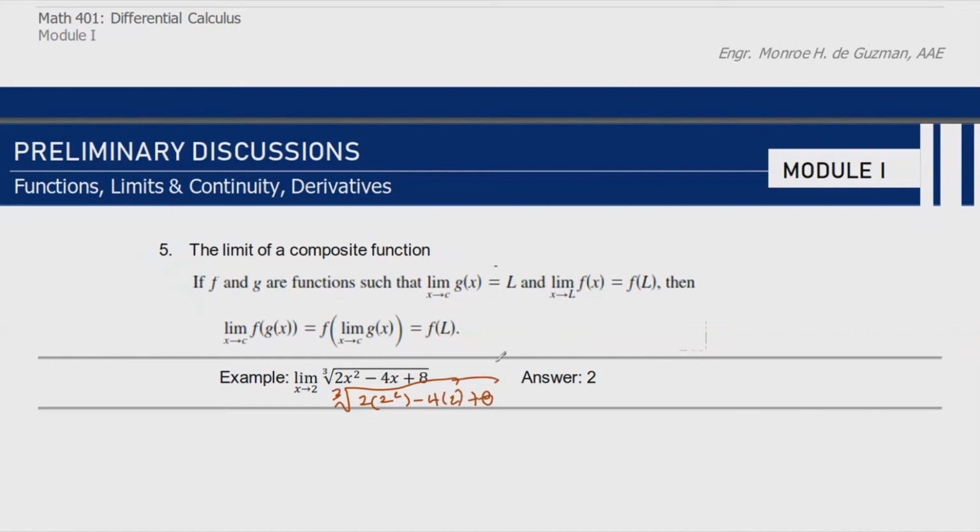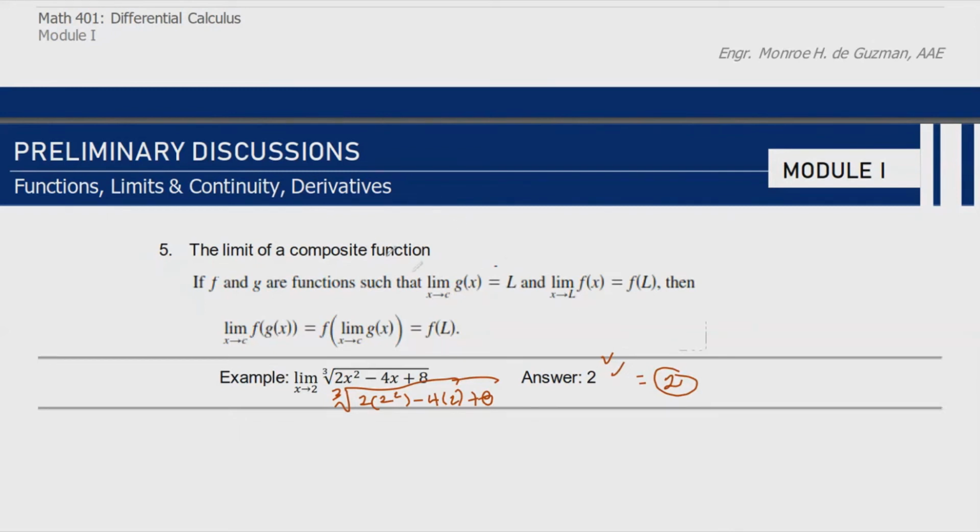So you can just use your calculator to evaluate it, and the answer should be 8 minus 8, which is 0, plus 8. So the cube root of 8 is simply equal to 2. So that is correct. And that's how easy it is also for radical functions, functions that involve radicals.